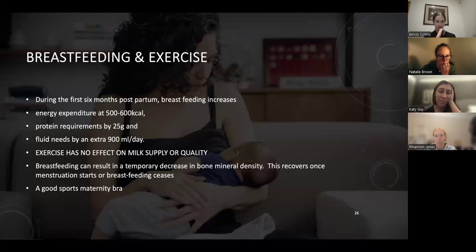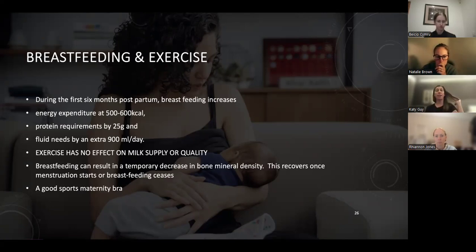Breastfeeding. It's really important to note how much extra energy you need just from breastfeeding. That's 500 to 600 kilocalories a day, and that's just breastfeeding, not even if you're deciding to go back to training.